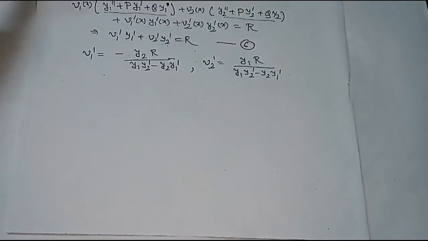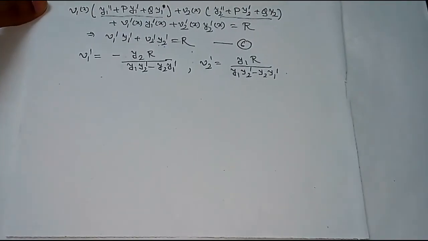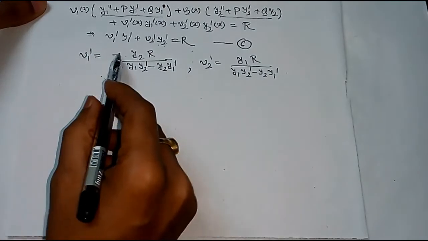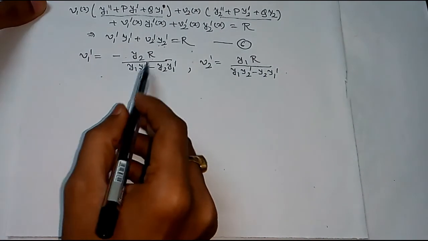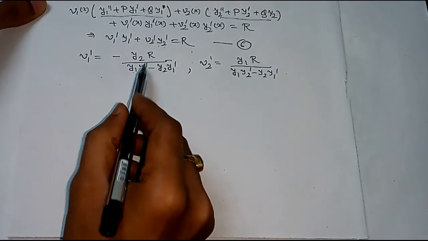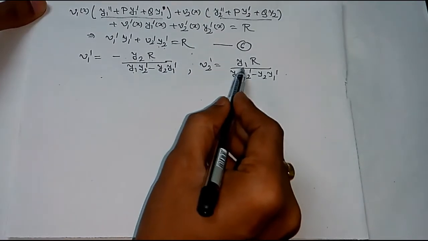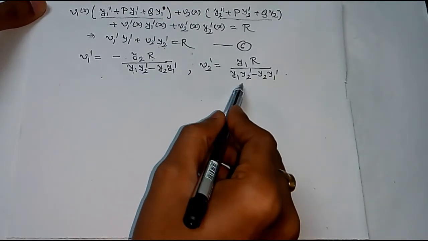After the solution, we have obtained that v1 dash is equal to minus y2 into r divided by (y1 y2 dash minus y2 y1 dash), and v2 dash is equal to y1 into r by this term.